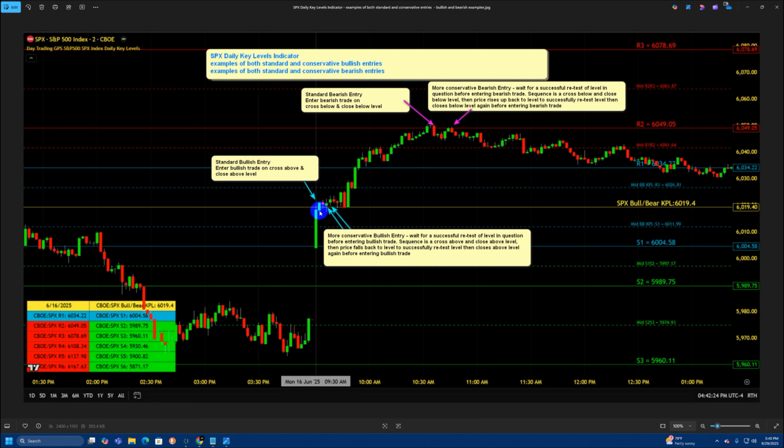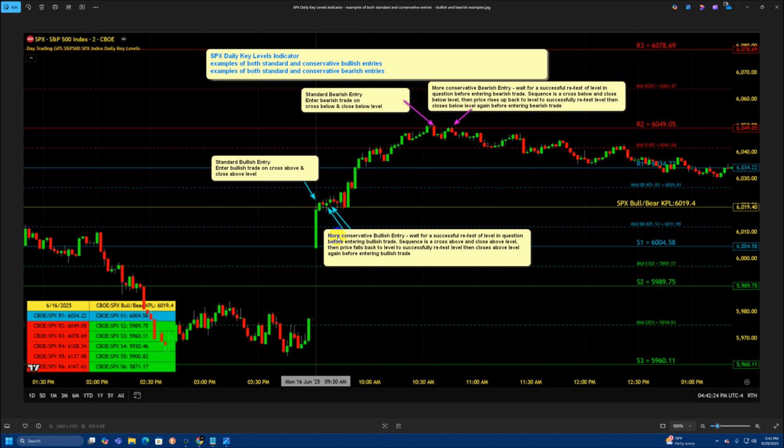So we have a candle where the same candle is crossing above the level in question, in this case the bull bear KPL, but it would not matter what level it's on. Regardless of what level this is, you have a cross above and close above the level. That is your bullish entry.